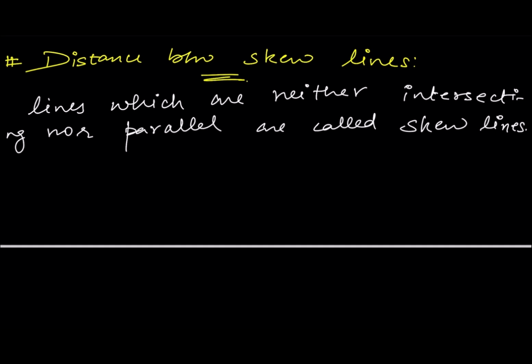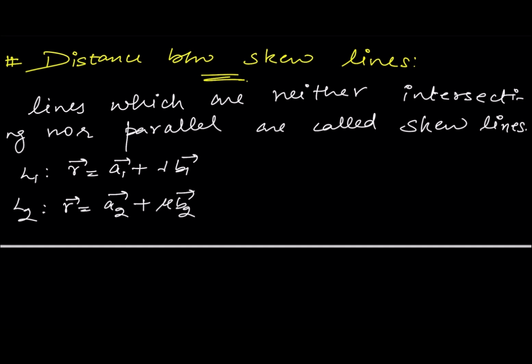So let's say L1 is r vector is equal to a1 vector plus lambda times b1 vector, and L2 is r vector is equal to a2 vector plus mu times b2 vector.